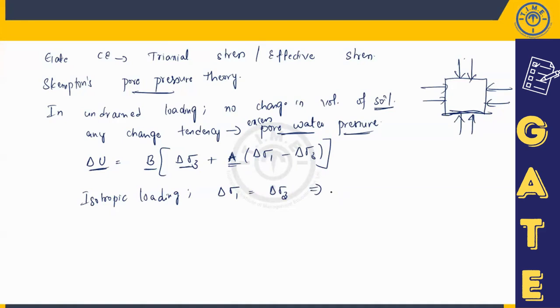Delta sigma 1 is equal to delta sigma 3, so this value will become 0, which means A into 0 also becomes 0. That is, delta U is equal to B into delta sigma 3. B is equal to delta U by delta sigma 3. This is how we calculate B.